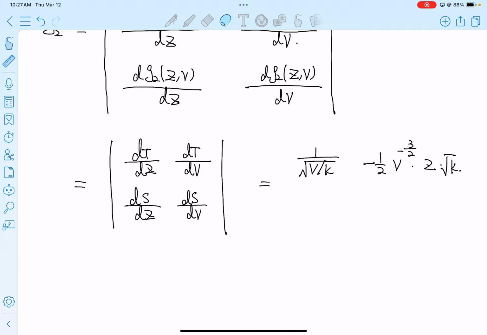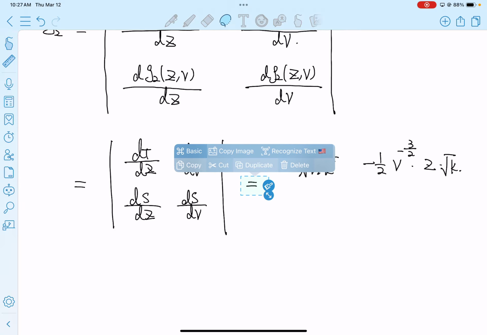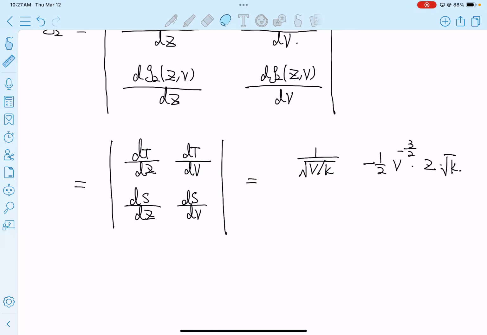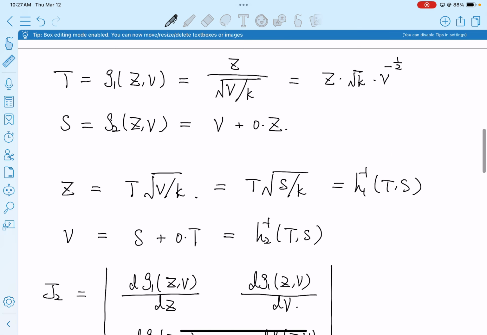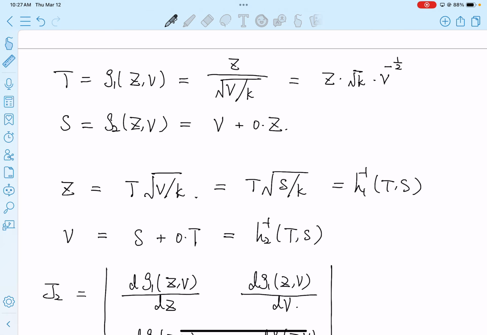Any question regarding these two entries? So again, based on all the information that we have here, g1, taking these two expressions, and then the inverse that we can obtain by rearranging terms to obtain the inverse function. So using the method of transformation, you need to calculate the Jacobian.